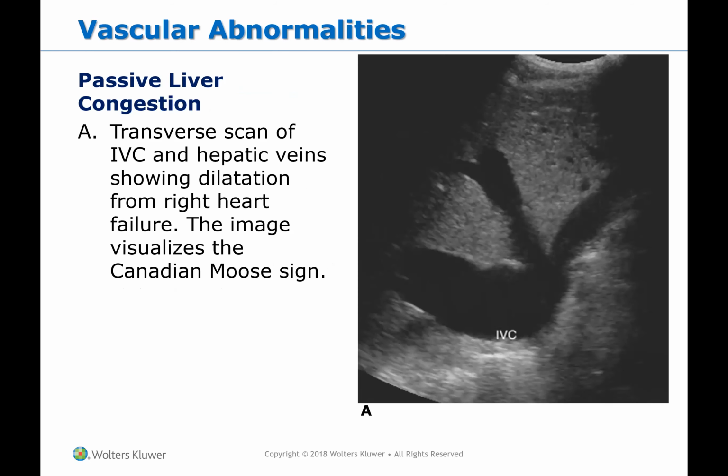Look how big the IVC and the veins are with this. And with passive liver congestion, you're going to get the moose sign, because doesn't that look like a moose? If it doesn't look like a Playboy bunny and it looks more like a moose, it's probably passive liver congestion.